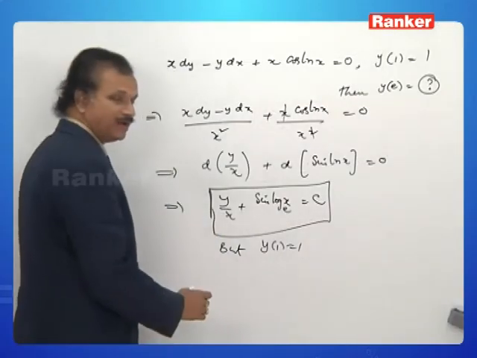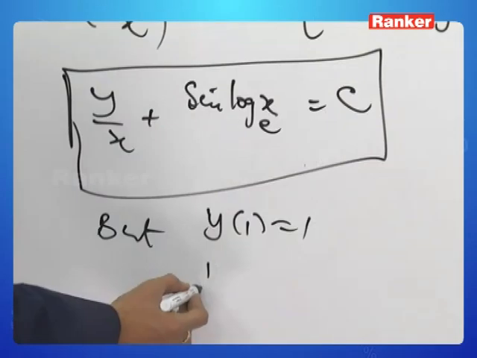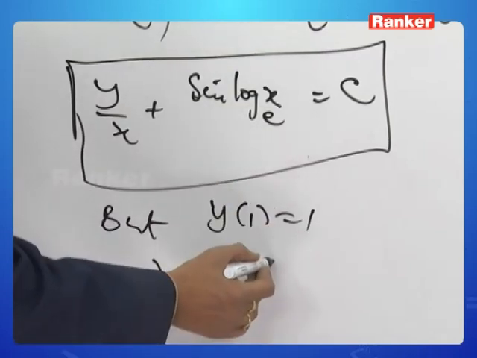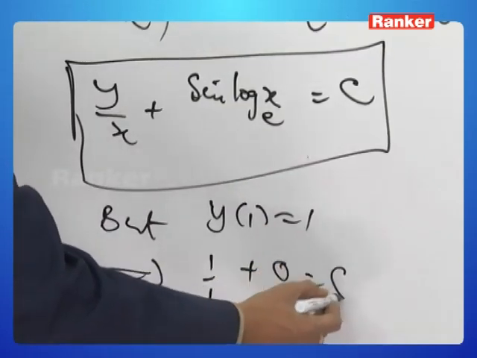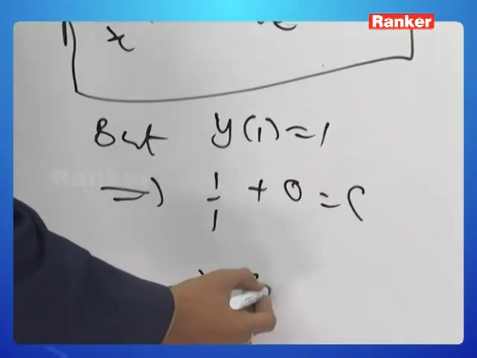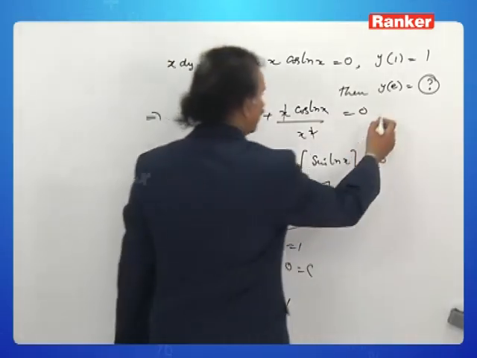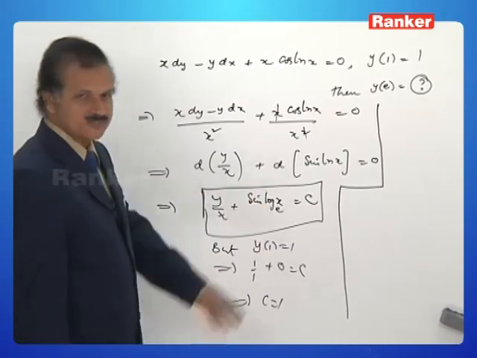So it passes through (1, 1). Then 1/1 + sin(log 1): log 1 is 0, sin 0 is 0, so C = 1. Therefore, use C = 1 in the general solution.